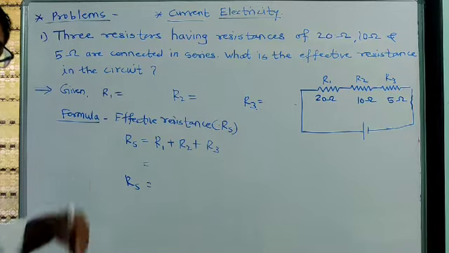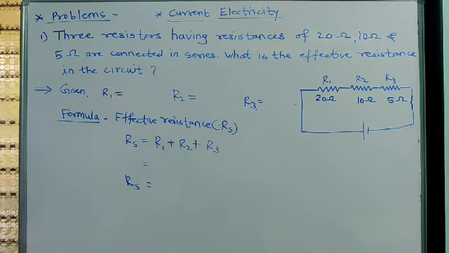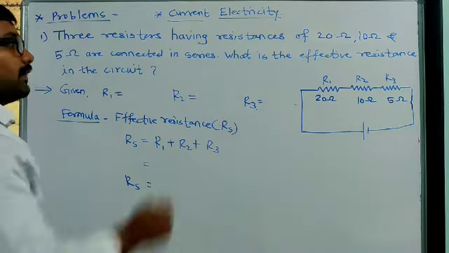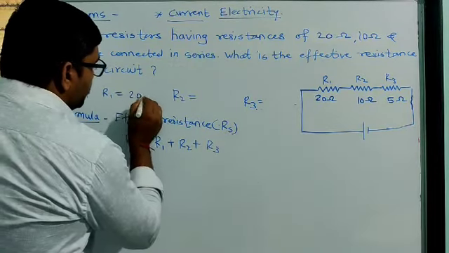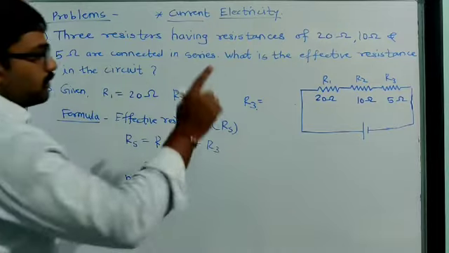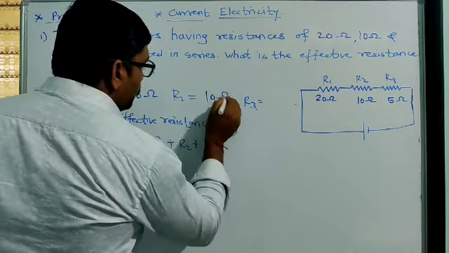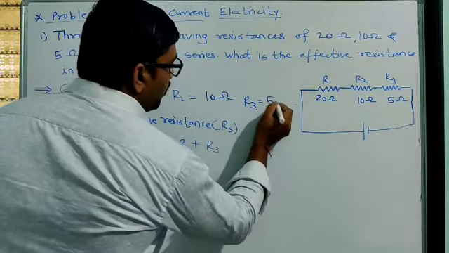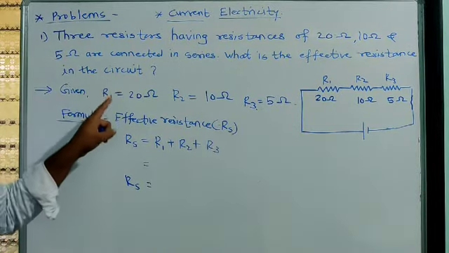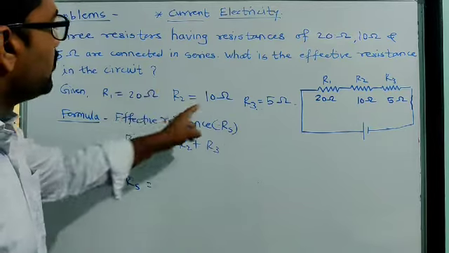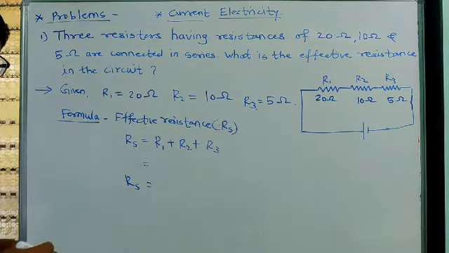So again, we have to follow the same steps here. We have to write the given first. Three resistances are given: R1 is 20 ohm, R2 is 10 ohm, and R3 is 5 ohm. Always we have to write the given first.